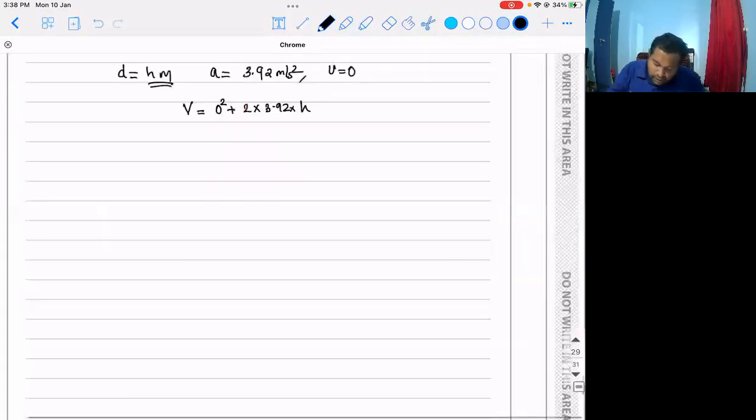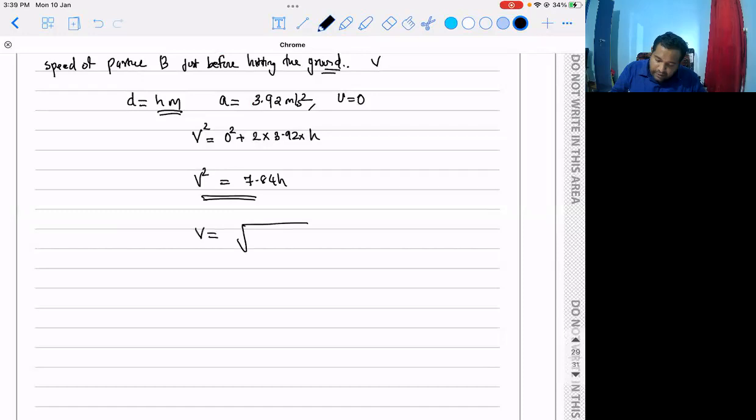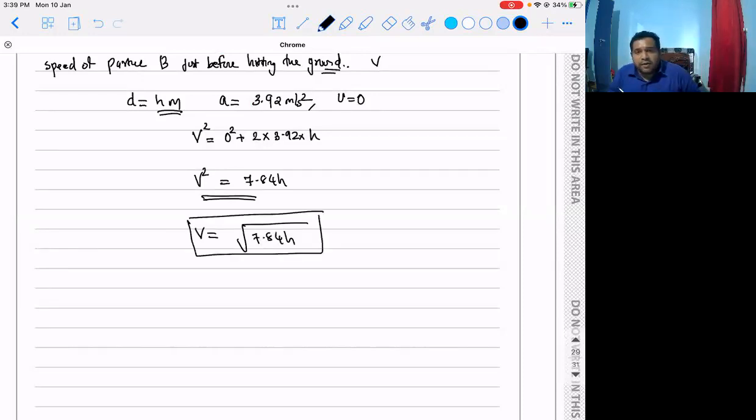So v squared is 2 times 3.92, that is 7.84 h. Therefore, v is root of 7.84 h. So this is the speed of particle B just before hitting the ground.